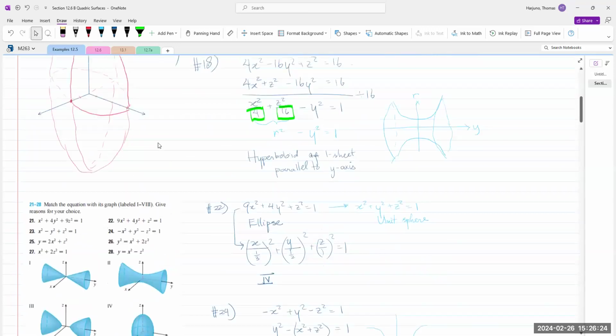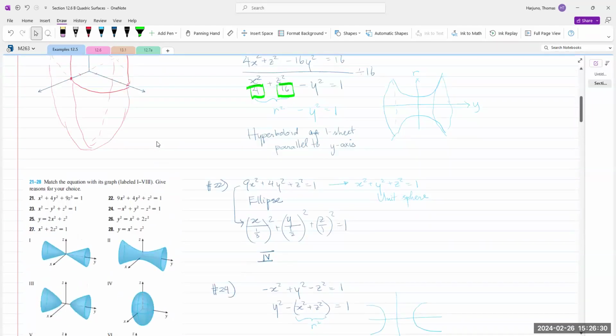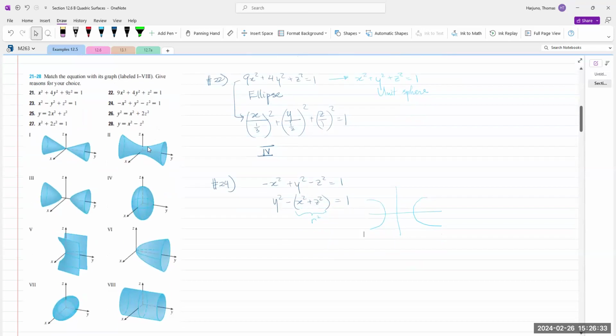Hold on, why do I feel like this is different from that one? Yeah, that's correct. And then we will rotate with respect to the y-axis, right? So it will look like this. So it's a hyperboloid of two sheets. And there's only one hyperboloid of two sheets there. That's number 3.